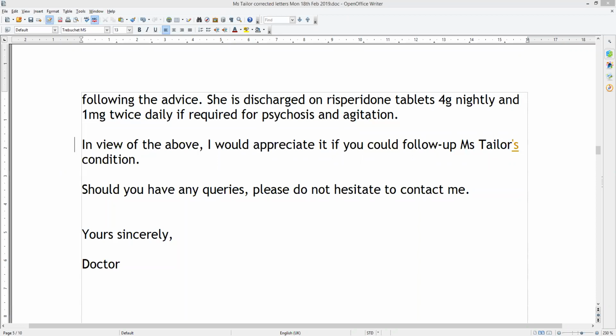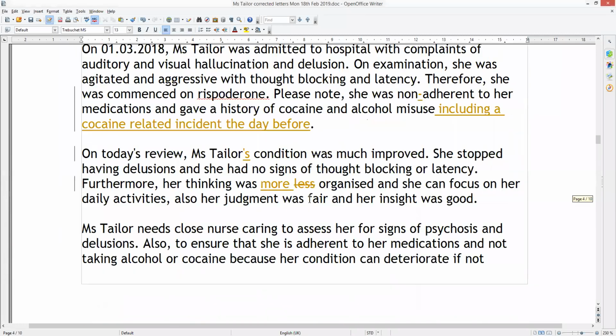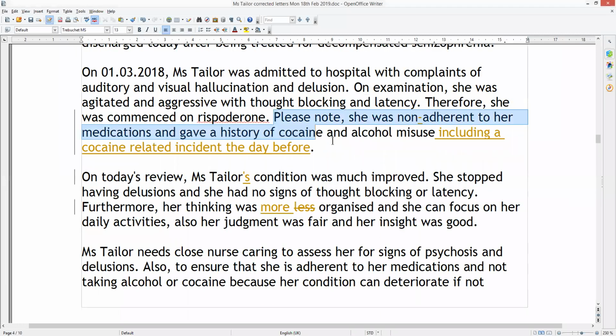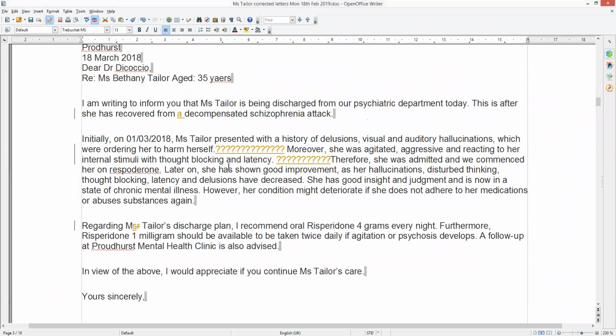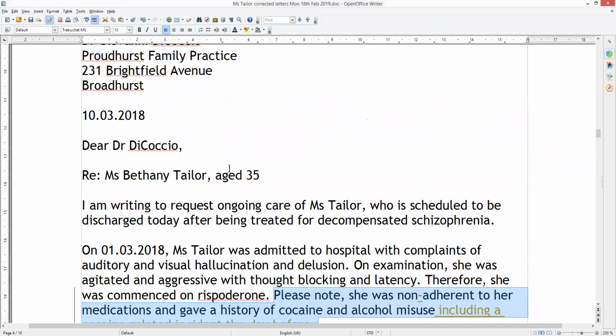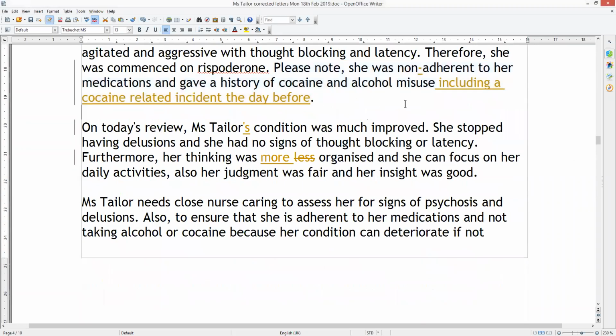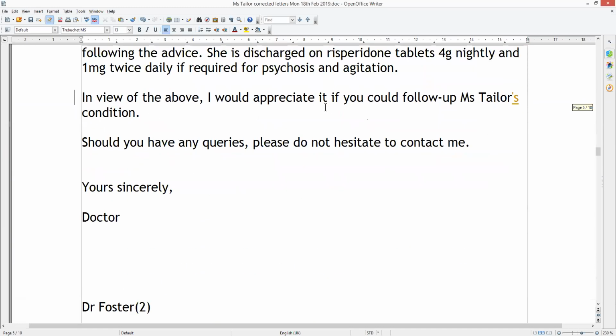Adhering means in general, a continuous form and condition. So that's pretty good. You can see how we've got a sentence here that mentions alcohol and Coke. I would have put that in this one here. So about alcohol and Coke, including a Coke incident the day before.